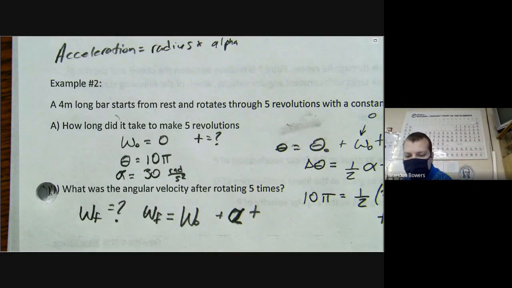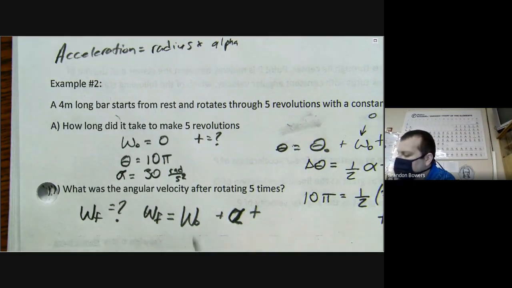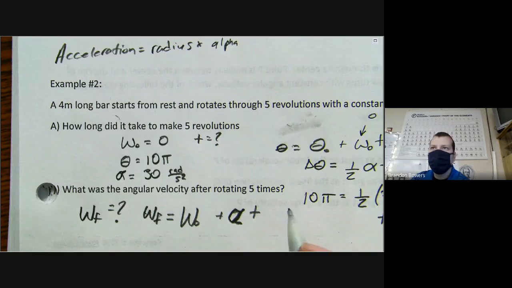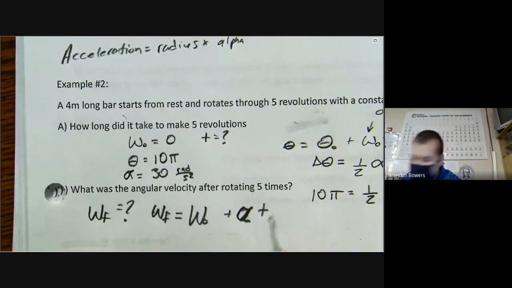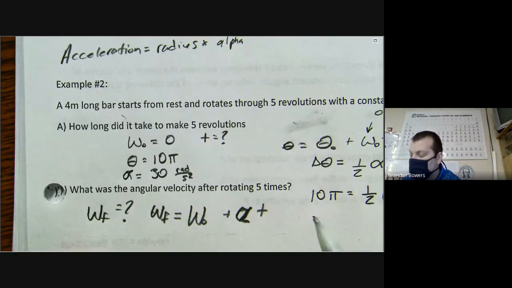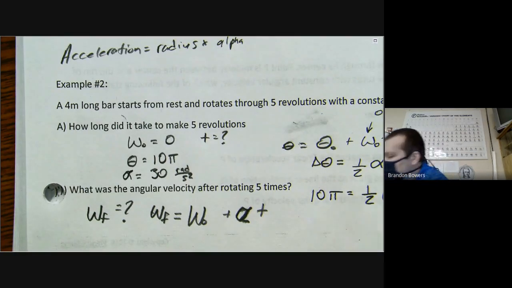So if we check this out, I'm solving for omega final. What's my omega initial? 0. Love zeros. Then we have alpha, and alpha is 30.